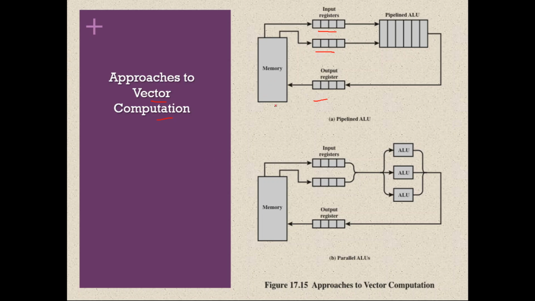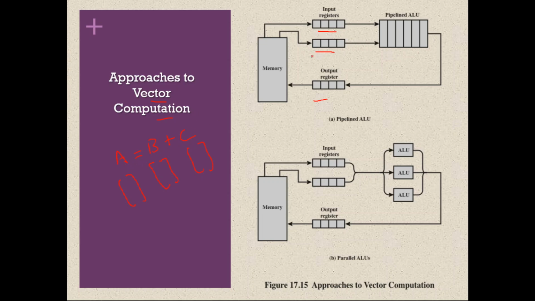Say, for example, you want to perform a vector operation, A equals B plus C, where A is a vector, B is a vector, and C is a vector. So it's not scalar. A contains n elements, B contains n elements, C contains n elements. You want to add all the elements of B and C and put the result in A. This is what you want to do.